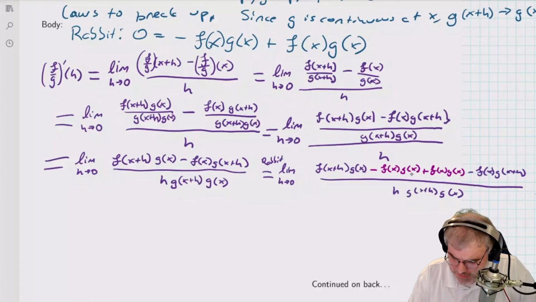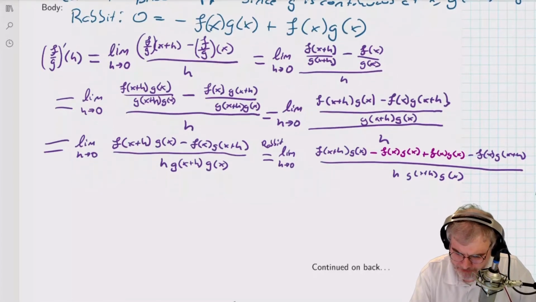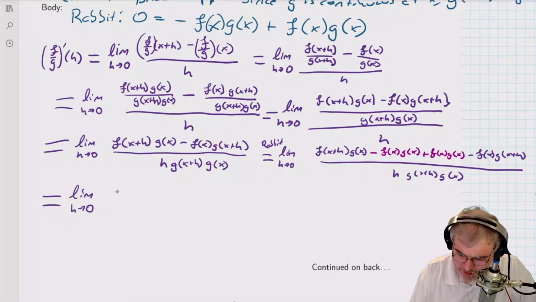This right here has a g of x in common. This right here has an f of x in common. So now I'm going to group and factor. So I get limit as h goes to 0, f of x plus h. This term right here becomes this term, so I've got a g of x in common.